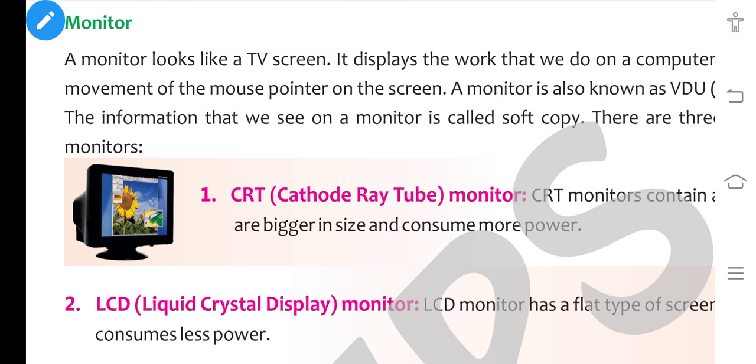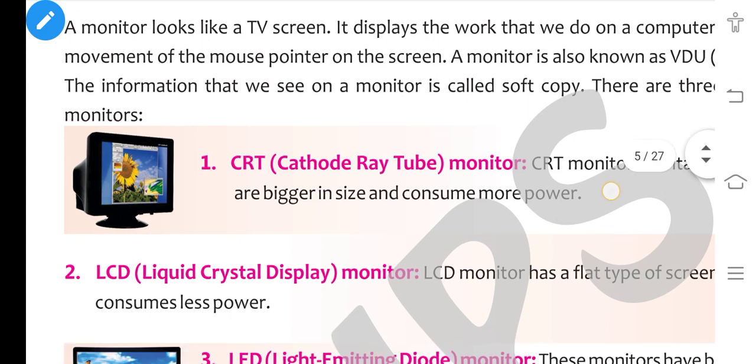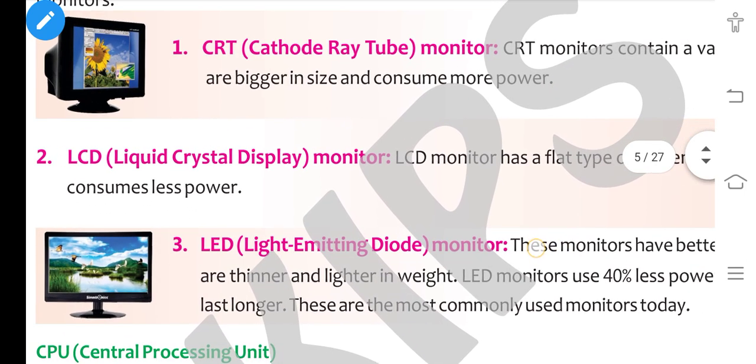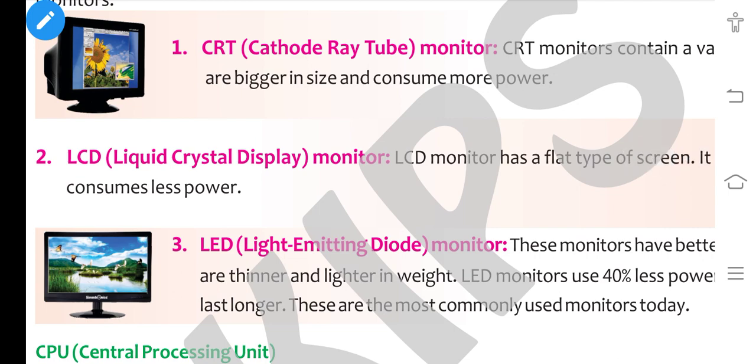Now, there are three different types of monitors. First is CRT, second is LCD, and third is LED. Here, the full form of CRT is cathode ray tube, LCD is liquid crystal display, and LED is light emitting diode monitor.